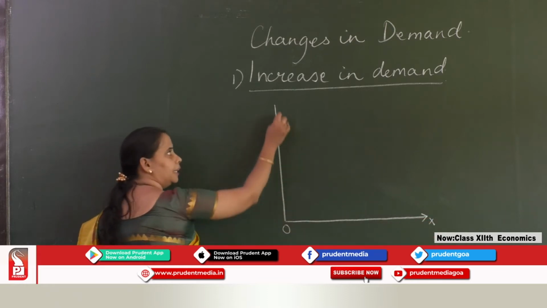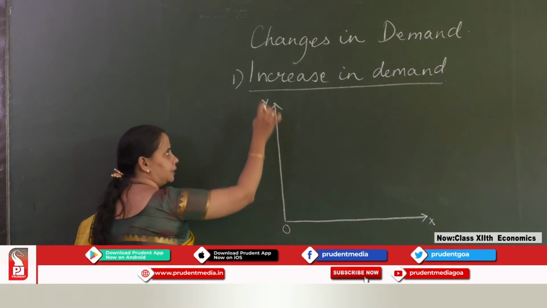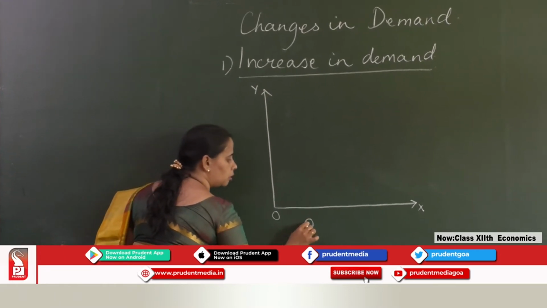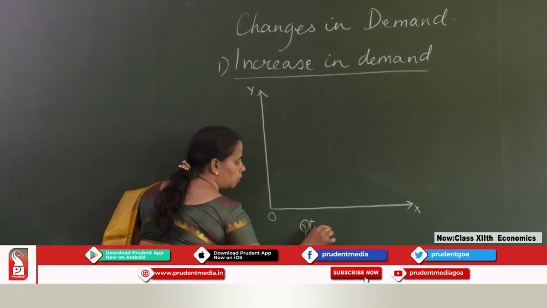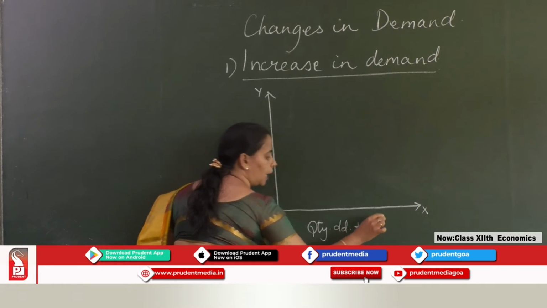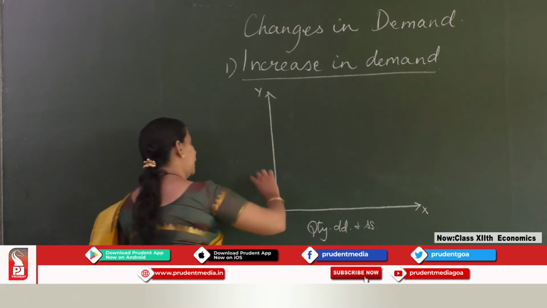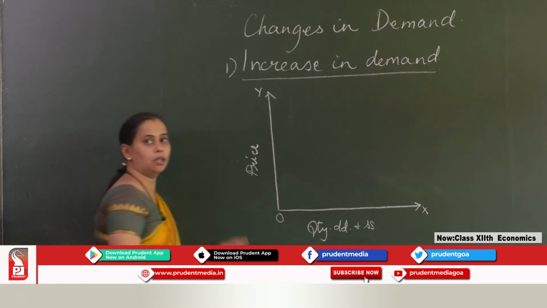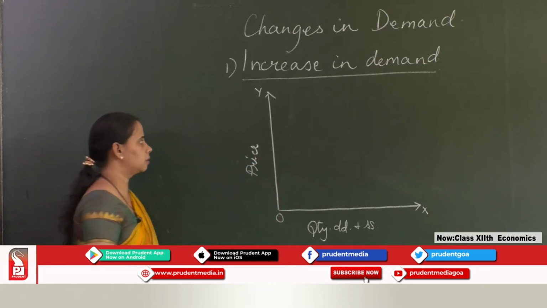We have the x-axis and the y-axis. As we have seen in the earlier diagram, you have the quantity demanded and supplied on the x-axis and the price on the y-axis.